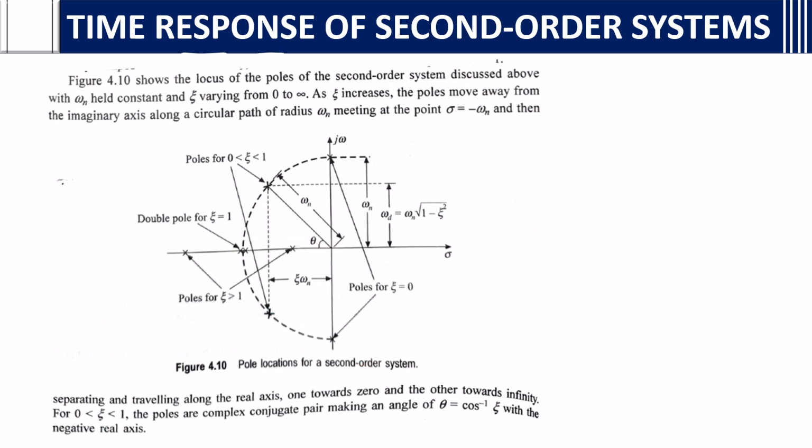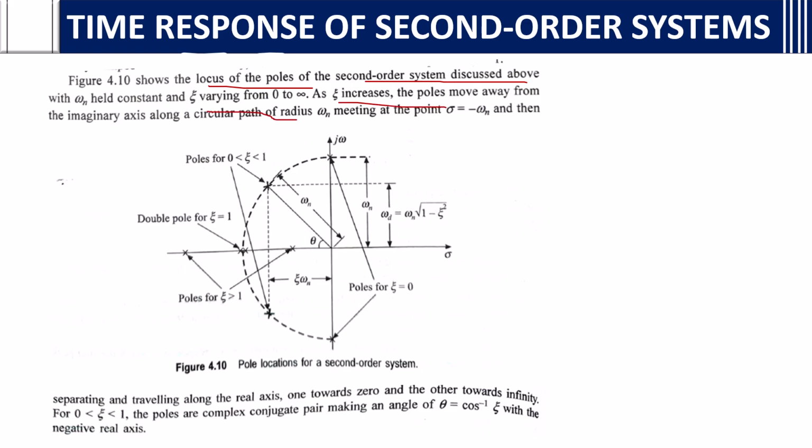Then figure 4.10 shows the locus of the poles of the second order system discussed above, whatever we have studied before. With omega n, the undamped natural frequency, held constant and zeta varying from 0 to infinity.